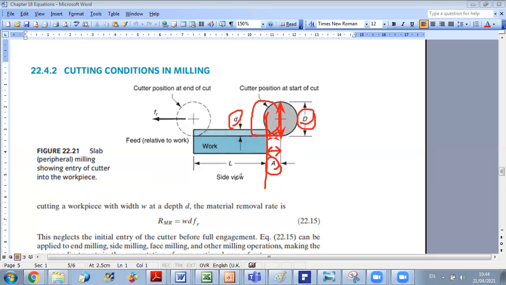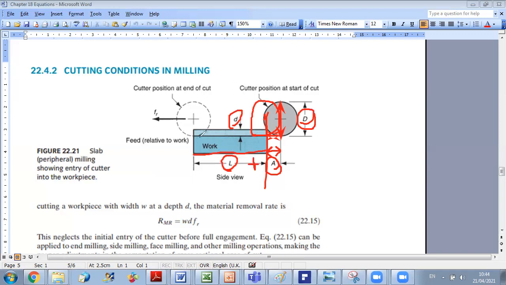Of course, after accounting for the approach distance, you should find the value of L, the length of your work part. In case you want to perform the milling operation over the whole work part, you will consider L plus A as the total distance.